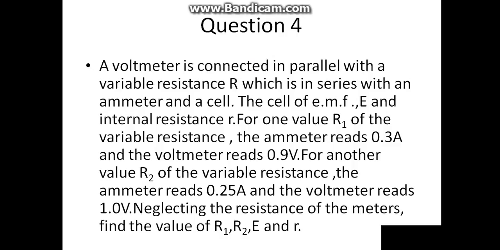For another value R2 of the variable resistance, the ammeter reads 0.25 amps and the voltmeter reads 1.0 volts. Neglecting the resistance of the meters, find the values of R1, R2, capital E, and small r.